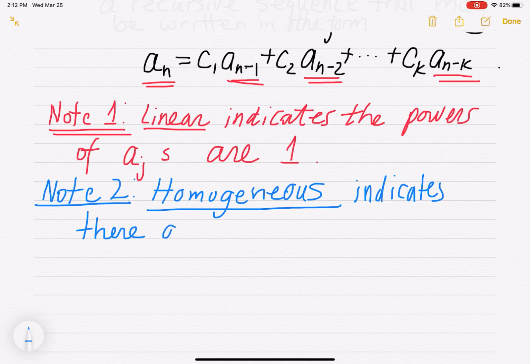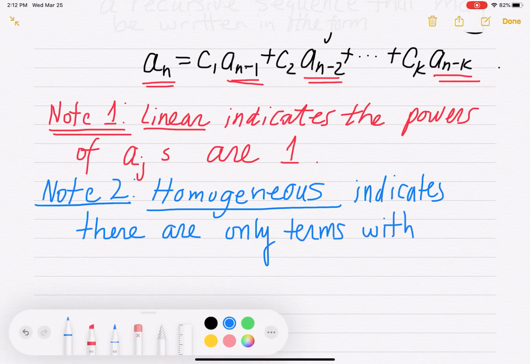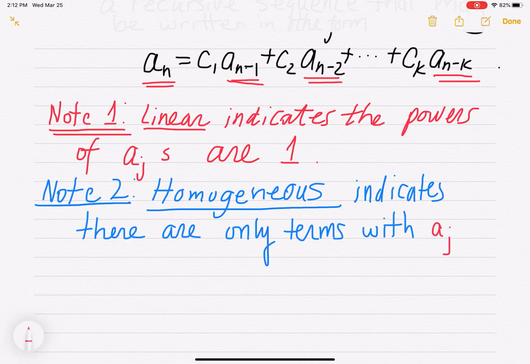There are only terms with the a_j's. So it means you don't have any additional terms.